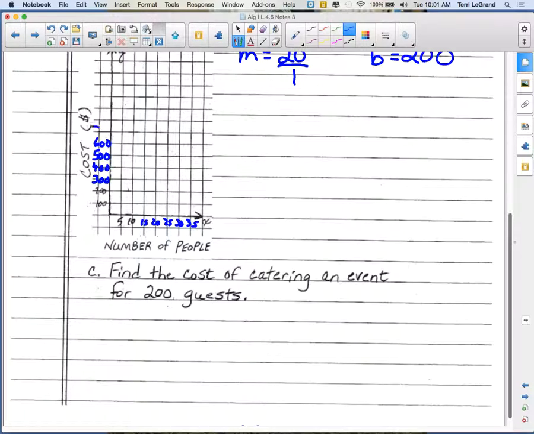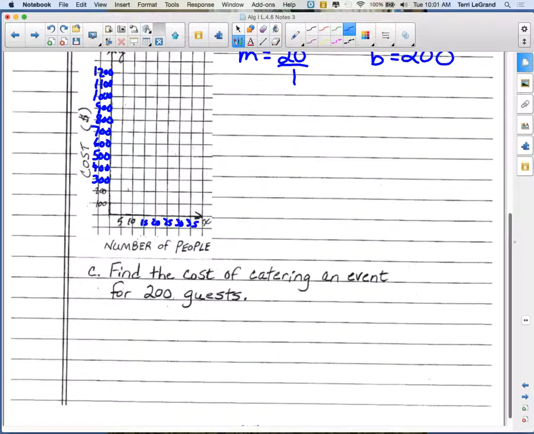Now we have to be careful. What scale are they using on these axes? Is it 1? What's the x-axis going by? 5s. What's the y-axis going by?